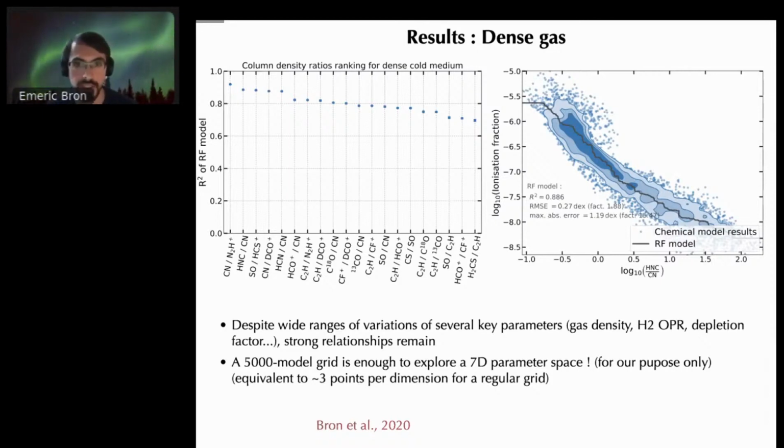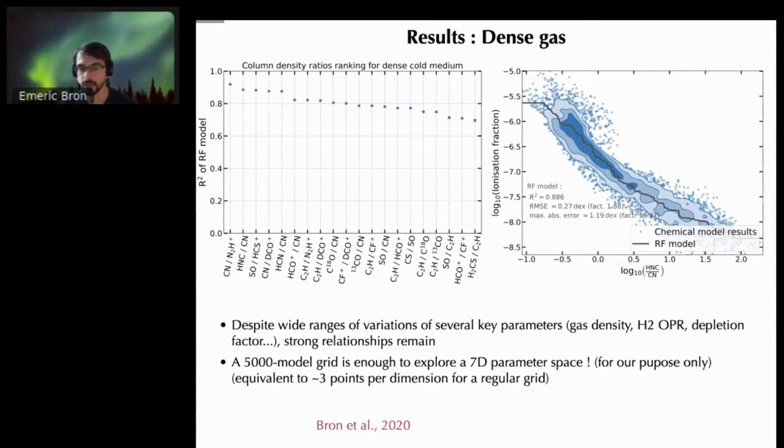They are as small as the symbols we use for the points. This shows that our 5,000 model grid was enough to constrain this information. The reason is that despite having a 7-dimensional parameter space, the thing that we are trying to learn actually lives in a 2D space of ionization fraction versus one ratio. That's why a relatively small grid is enough.